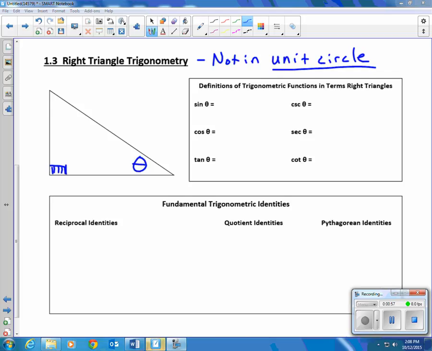Number 1, this works with a right triangle, and we call this side the hypotenuse. Does anybody remember the other 2 sides? The legs, adjacent and opposite. So what does adjacent mean? Does anybody know?